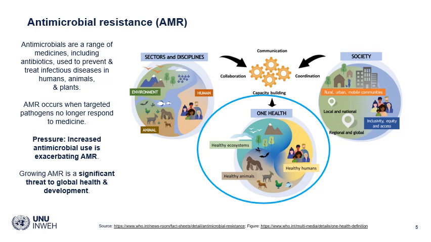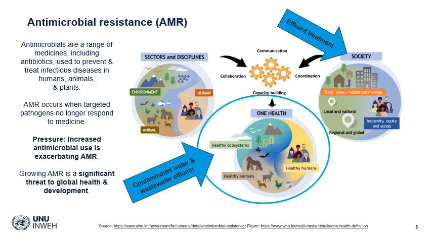Increased AMR also translates to increased risk of disease spread, severe illness, and death. The World Health Organization estimated that 1.27 million people across the world died in 2019 due to AMR, with AMR contributing to a further 4.95 million mortalities.